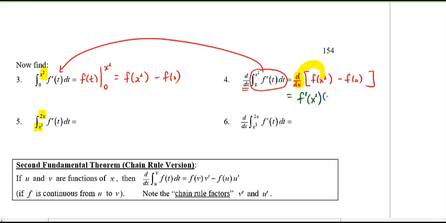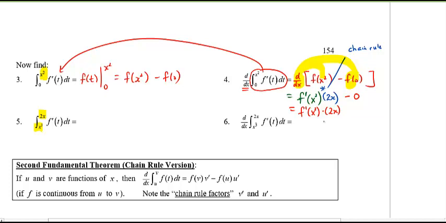Don't forget the derivative of the inside, which is 2x. Okay, star that. Chain rule. And then if I were to take the derivative of f of 0, well, f of 0 once again is a value or a number. The derivative of a constant would just, of course, be 0. So your answer here is just f prime of x squared, and then don't forget the extra factor of 2x. Beautiful.